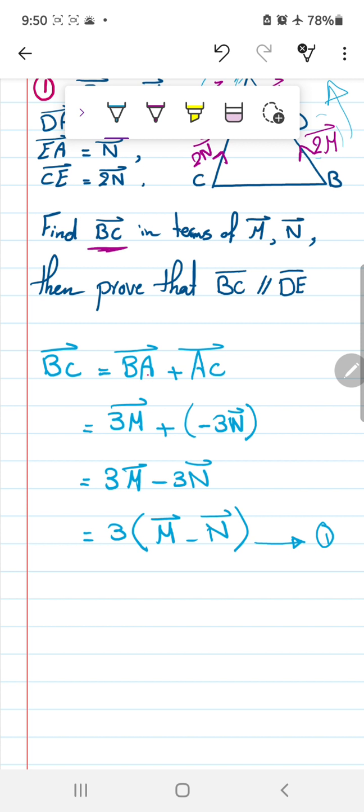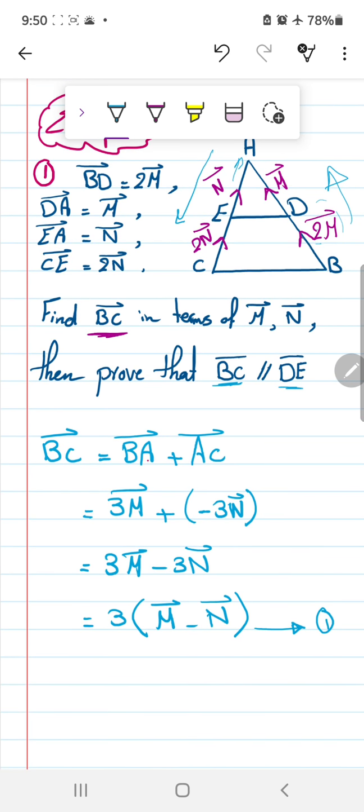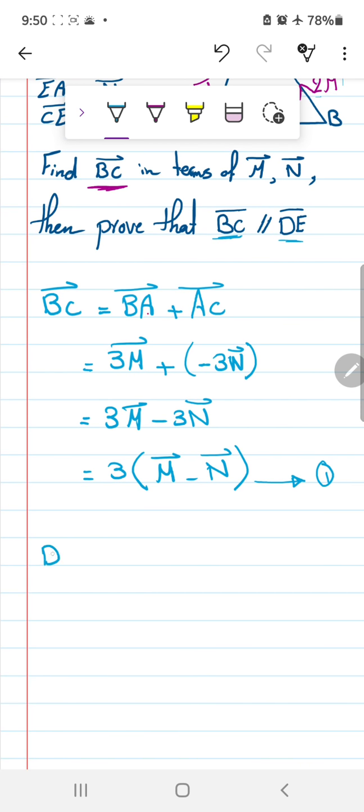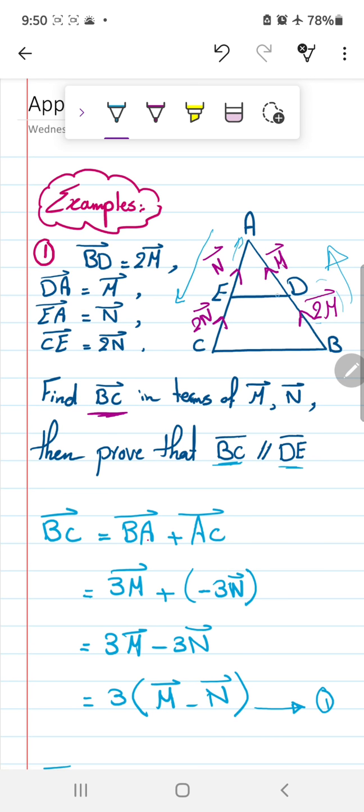Then prove that BC is parallel to DE. So we want BC and DE to have the same direction. So here we want to get DE. Okay, DE equals, in this triangle, what? Equals DA plus AE.